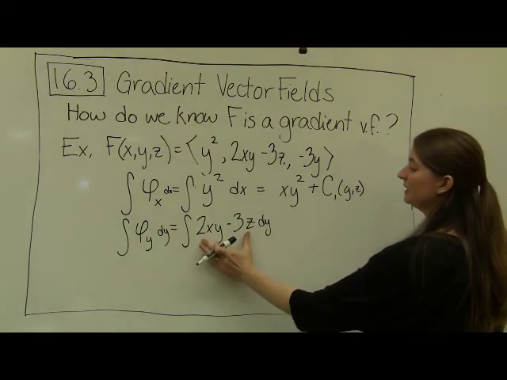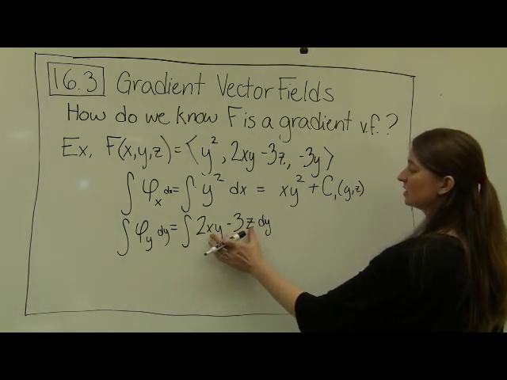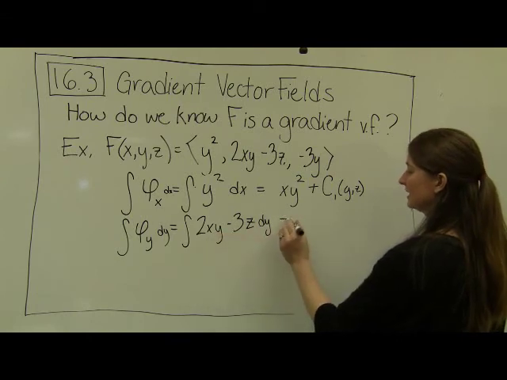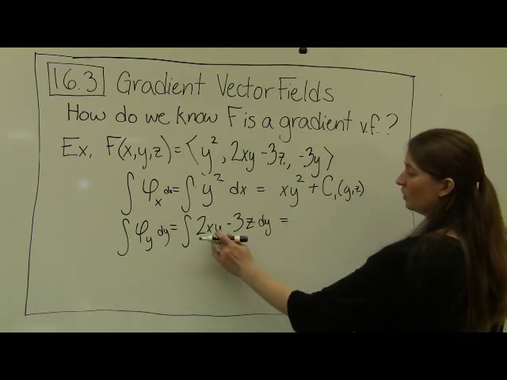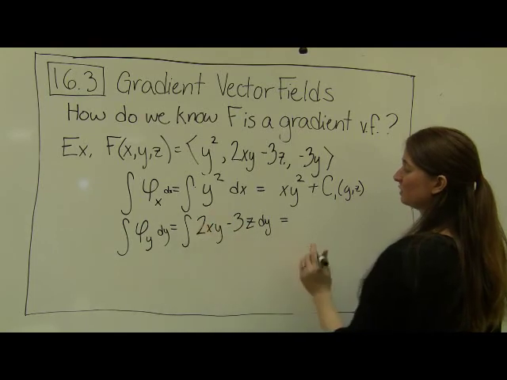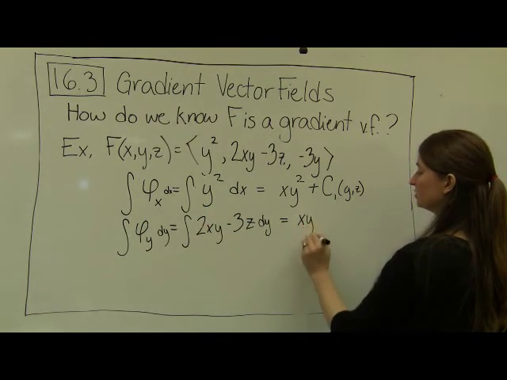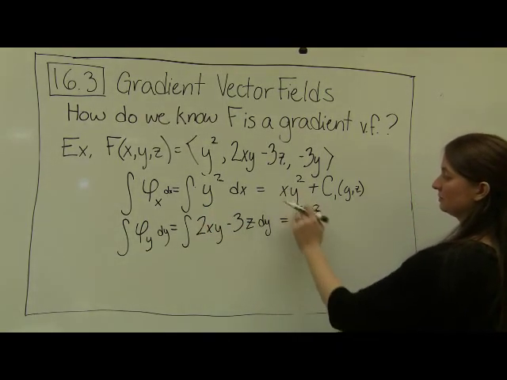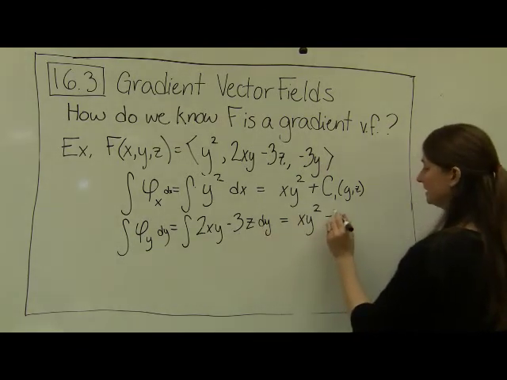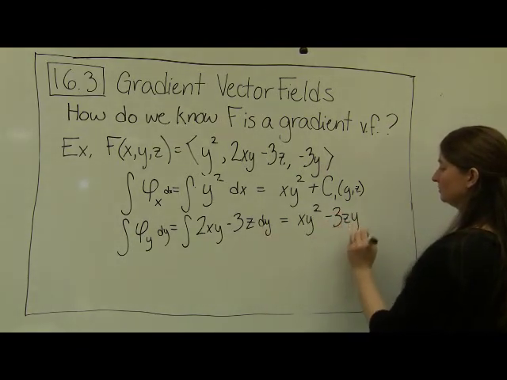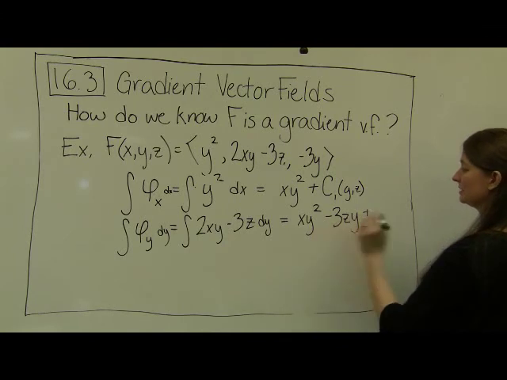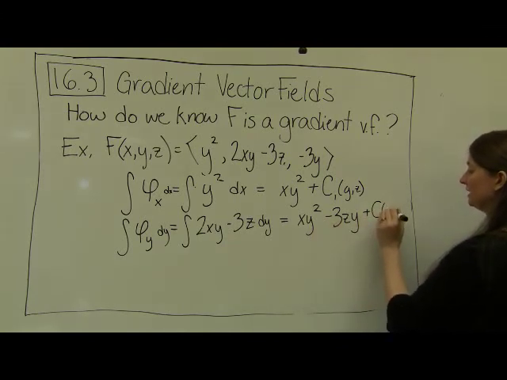So when I take my integral treating x's and z's as constants, this becomes y squared, and it cancels with the 2, so I end up with just xy squared, which is great because it matches up here. And then I get a minus 3zy term, and then plus some constant that could be a constant of x's and z's.